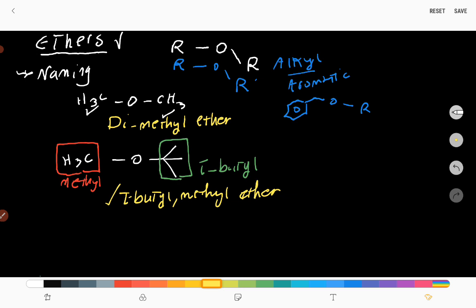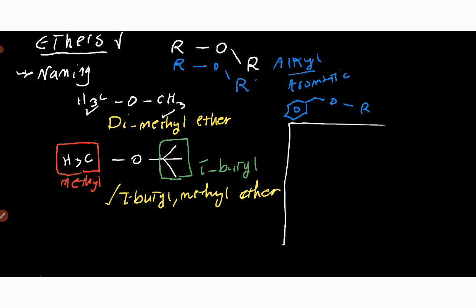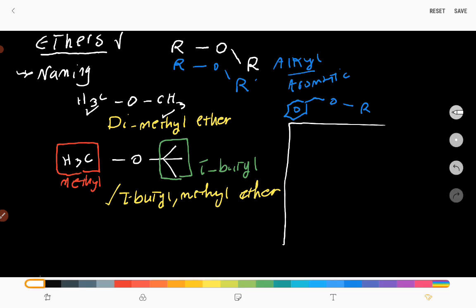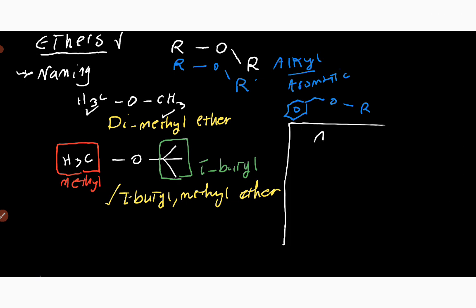Another kind of naming is used when you have not a simple group on one side. In this situation you can name the whole molecule as a substitution of an alkoxy group.